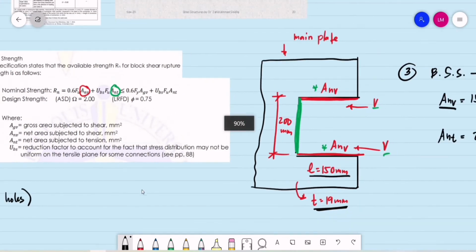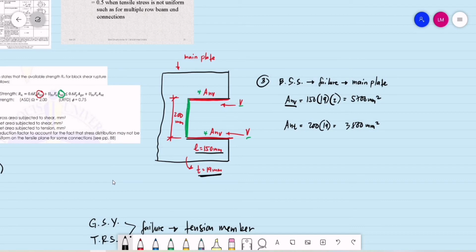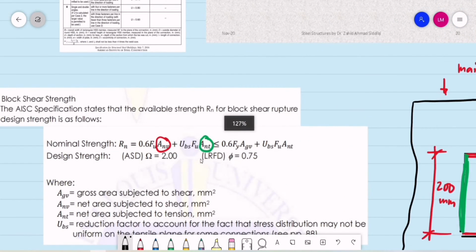So let's have this equation. R sub N is equal to 0.60 Fu multiplied by A sub NB plus U sub Bs multiplied by Fu multiplied by A sub NT, the net area for tension. By the way, what is the value of this U sub Bs?